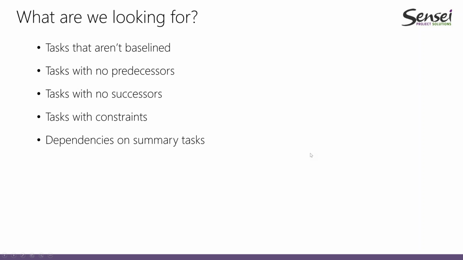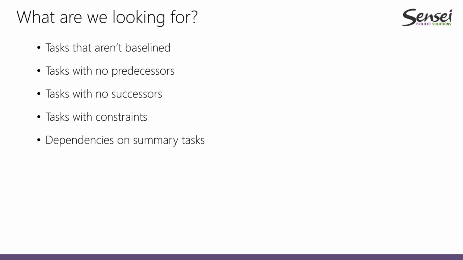Two more things that we can look for here are dependencies on summary tasks. If I establish dependencies on summary tasks, this is not something good for the schedule, because it can hide the critical path. The summary tasks' existence or goal is to determine what's the deliverable that we have, and then we have all of the activities that together will deliver that particular deliverable.